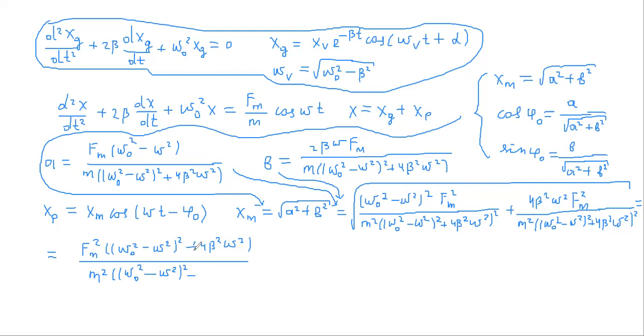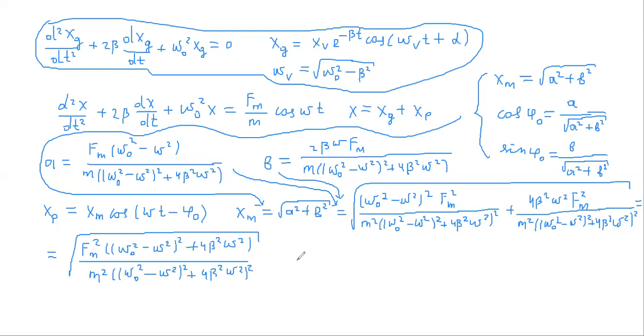Here we have plus, of course, 4 beta to the power of 2 omega to the power of 2, and all under the square root.